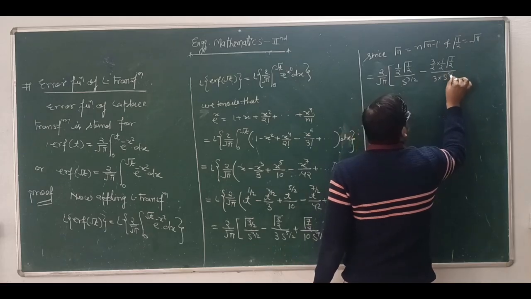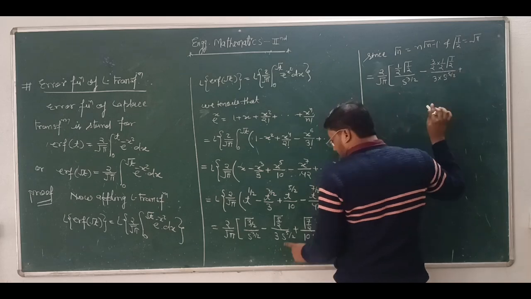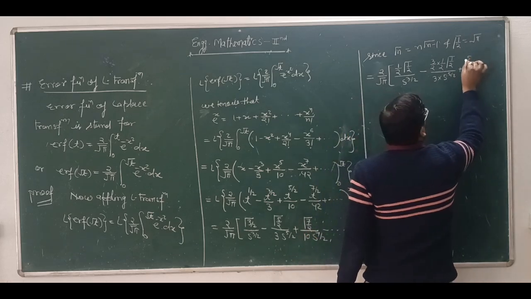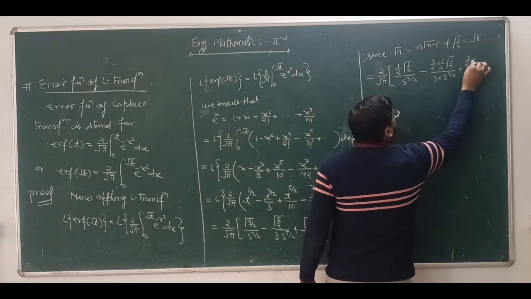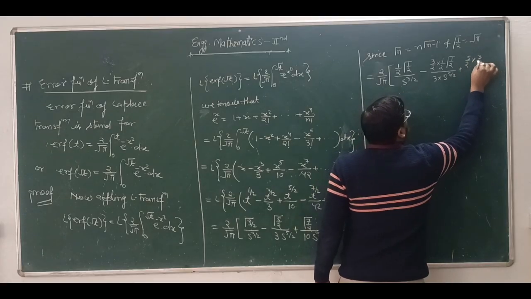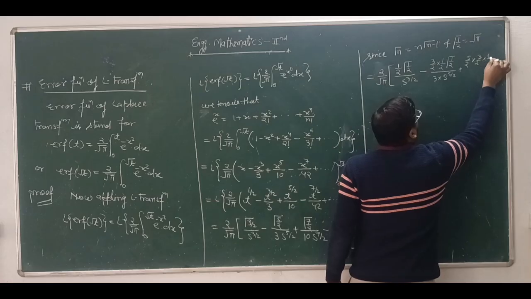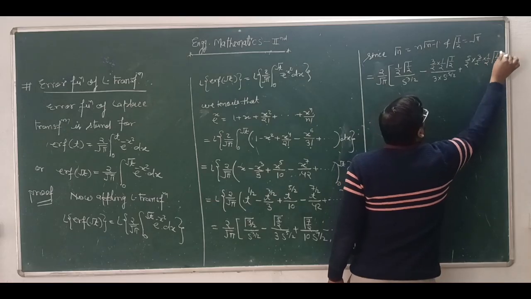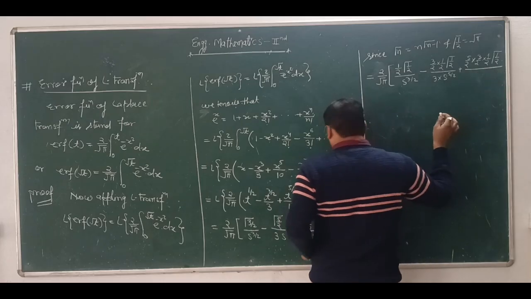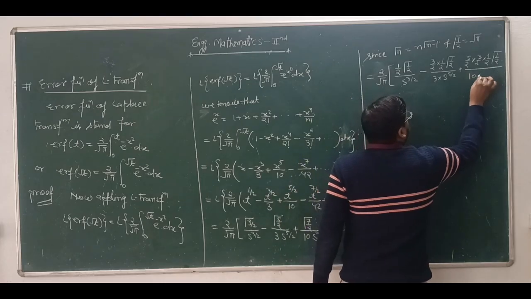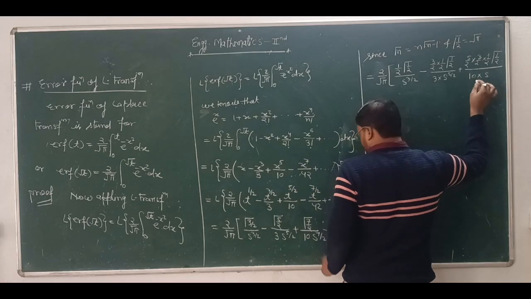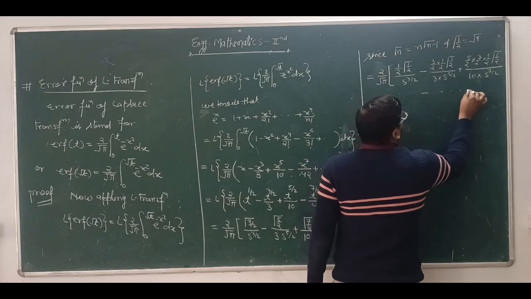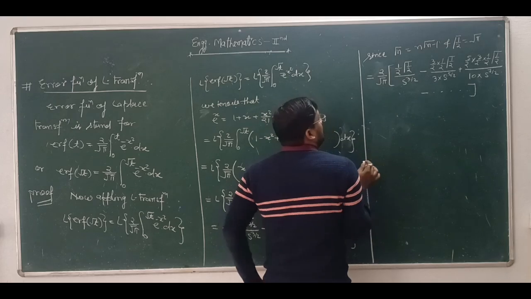Now plus, open gamma 7 by 2, that is 5 by 2 into 3 by 2 into 1 by 2 gamma 1 by 2, total upon 10 into s to the power 7 by 2, minus dot dot dot, the remaining function.